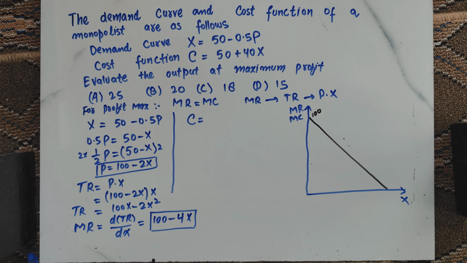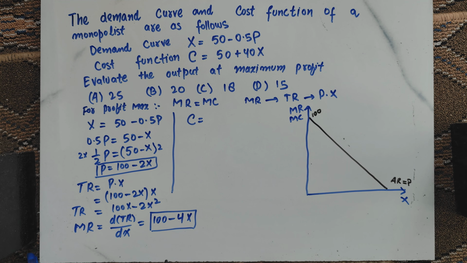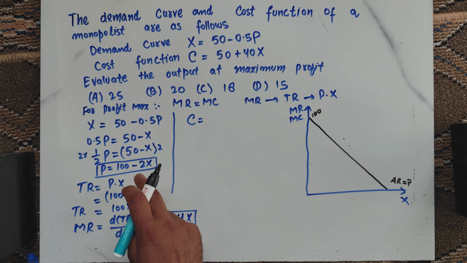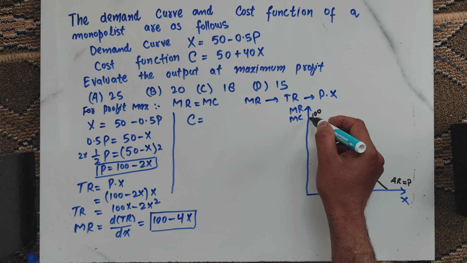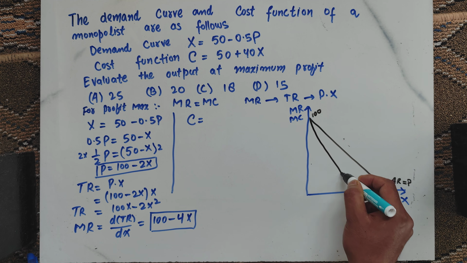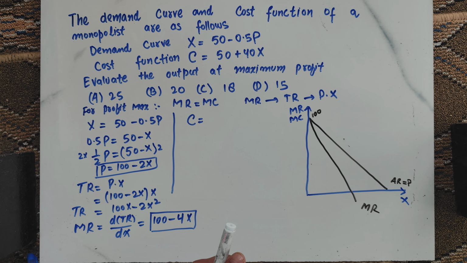We also call this the average revenue function. Now what is the marginal revenue function? It has the same intercept of 100, but its slope is twice that of the average revenue function. Here we have negative 2, here we have negative 4 in absolute terms.